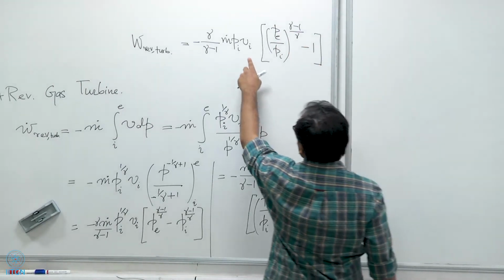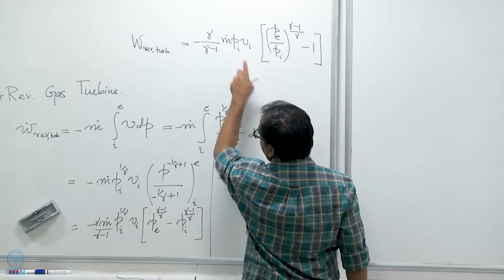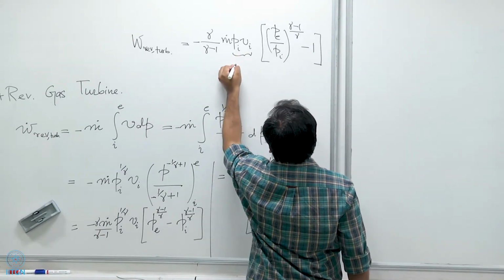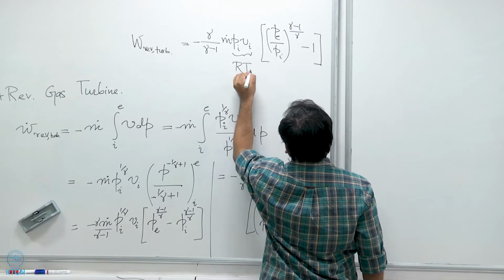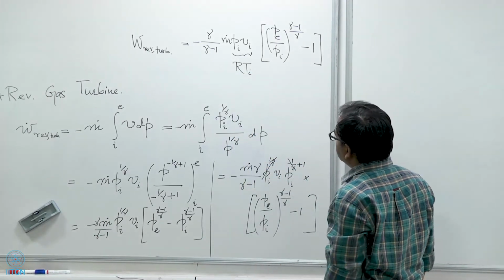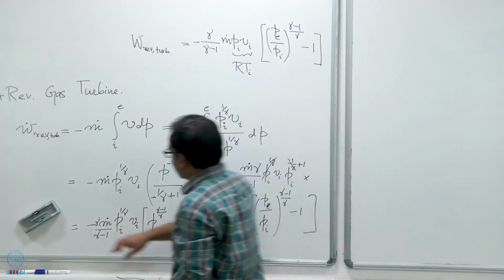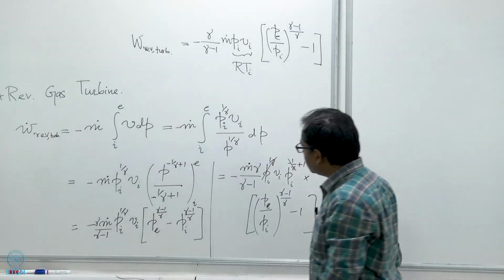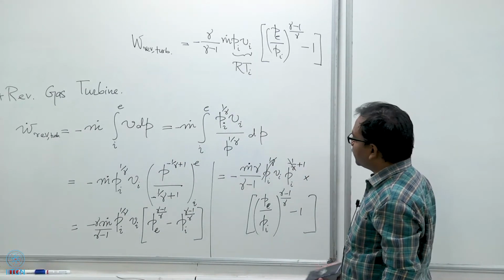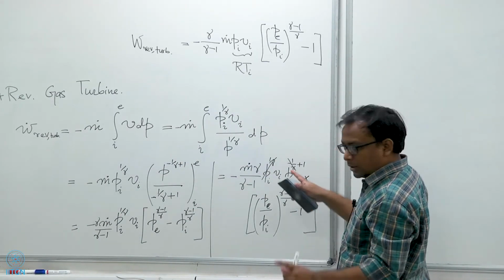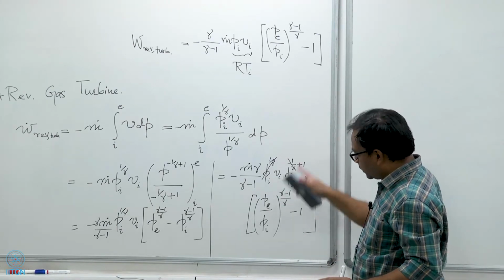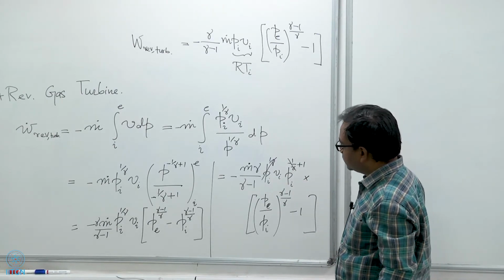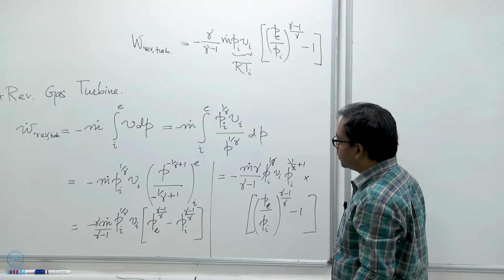Now, I can replace this P_I V_I with R T_I using the ideal gas equation of state. So finally, what I can simplify this to is as follows. I will just erase this, so that I can just use one board.